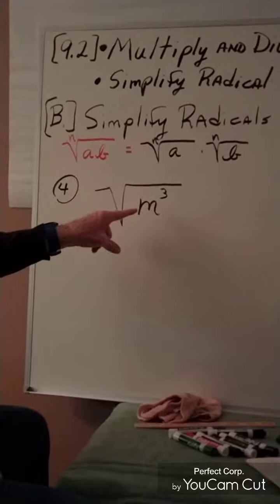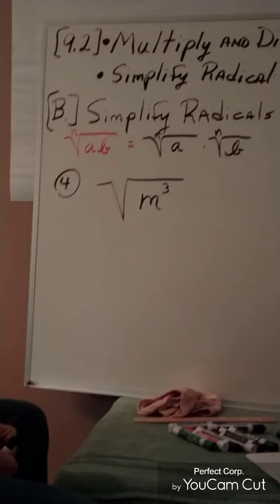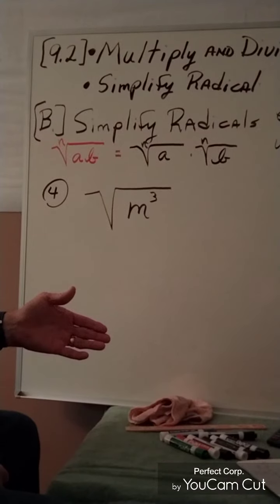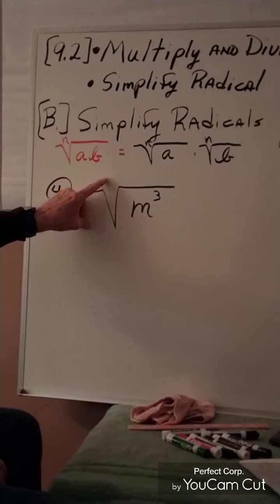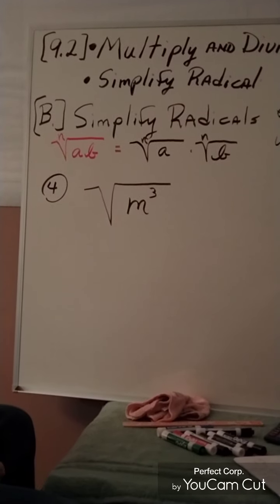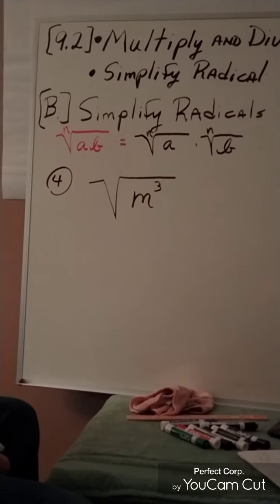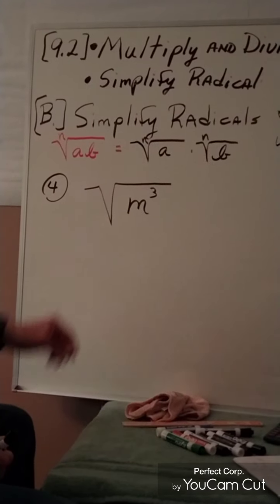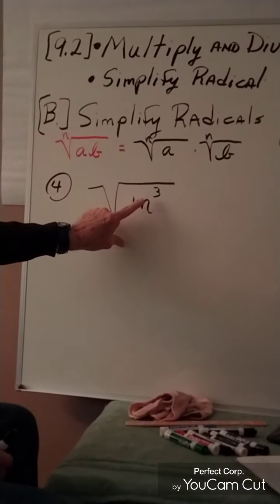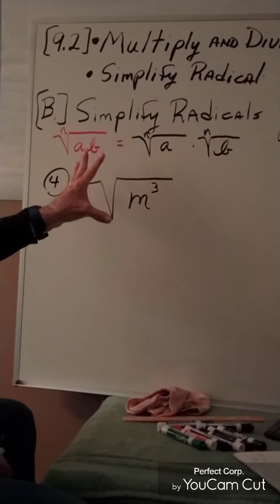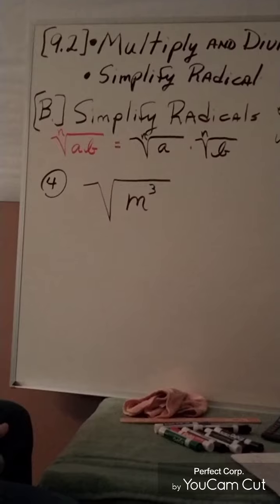Well, remember, a variable expression in which the exponent is even, assuming that the index is square root, if the exponent is even, then it represents a perfect square. That exponent is not even, so it doesn't represent a perfect square. It represents an irrational number, just like the prior 3 problems that we did.